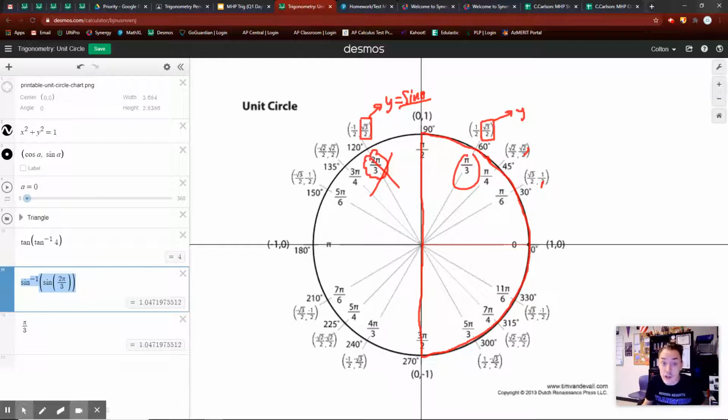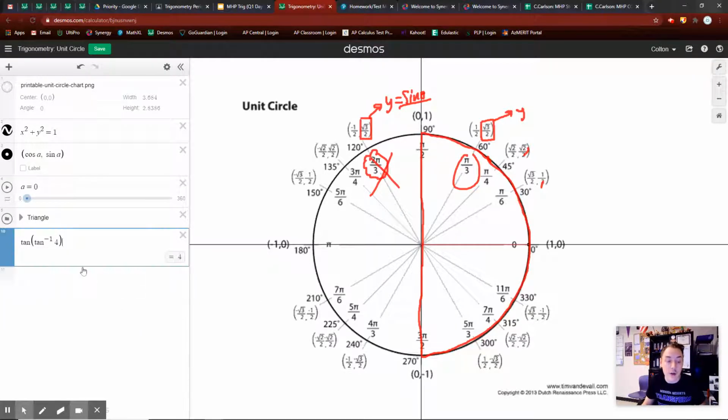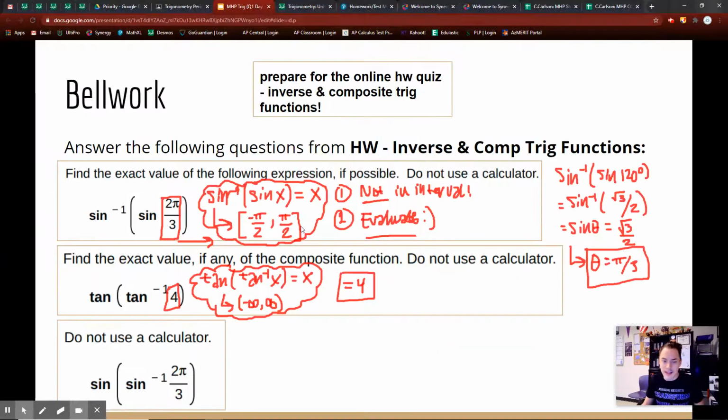Either way, should you be using your calculator? Technically not, because Math Excel is telling you not to use the calculator. I'm teaching you it all by hand. I'm just saying, at least for this example right here, you could double check just in case with Desmos, okay? But when it gets to radian measures like pi all over 2 or 2 pi all over 3, it gets a little bit too much, I think, for Desmos.